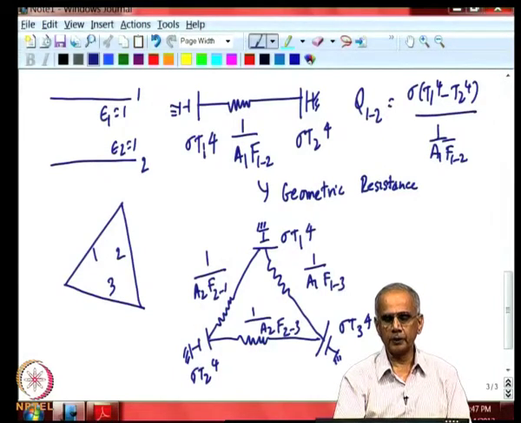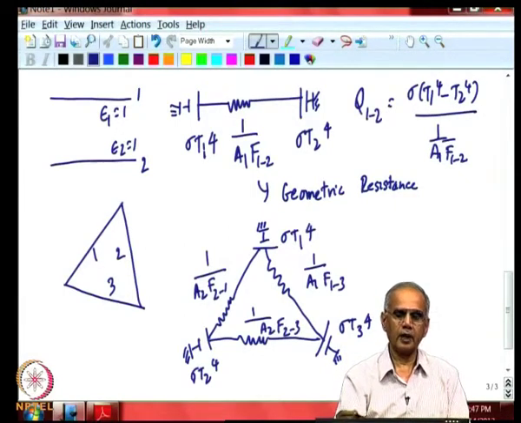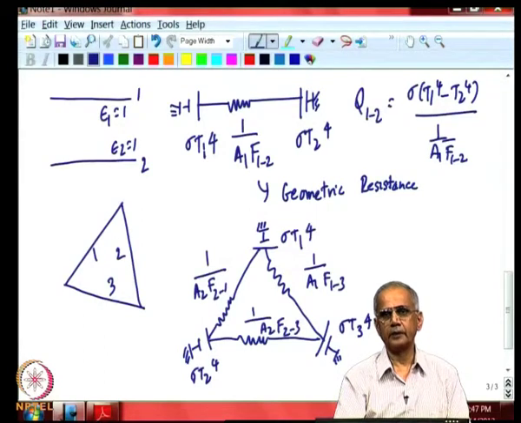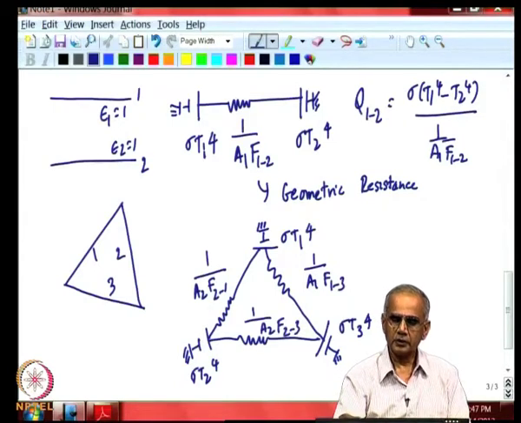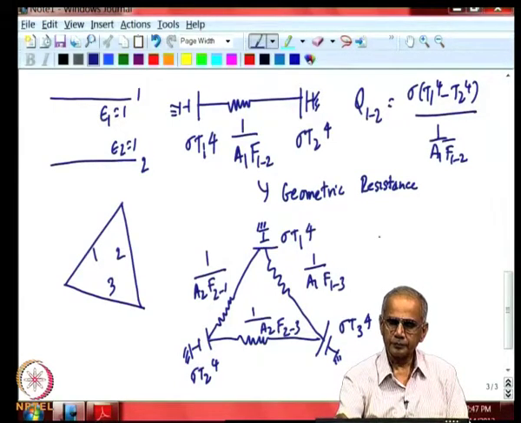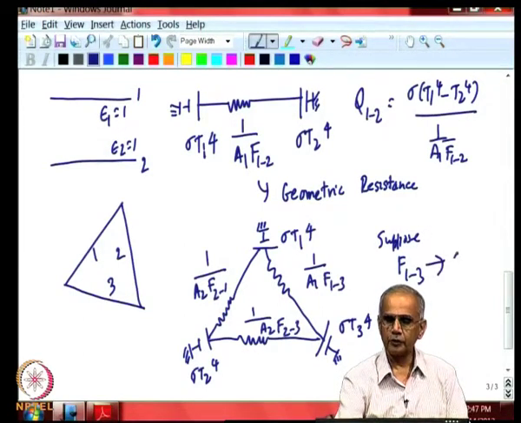So, the final method of solution is matrix algebra, but in order to have a physical understanding of the various factors controlling the heat transfer between surfaces, it is good to draw the electrical network. For example, suppose this is very small, tending to 0.